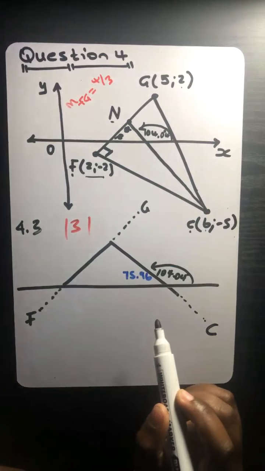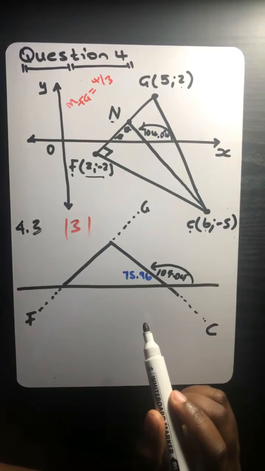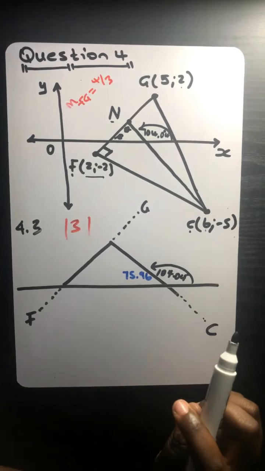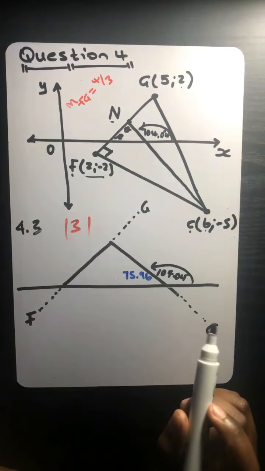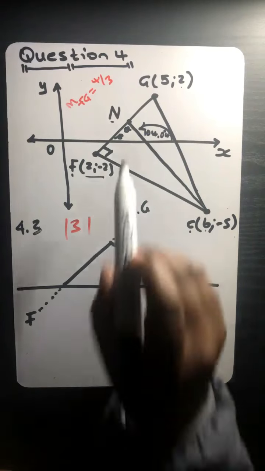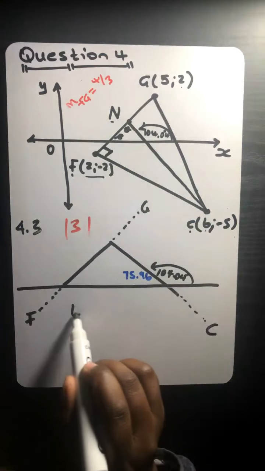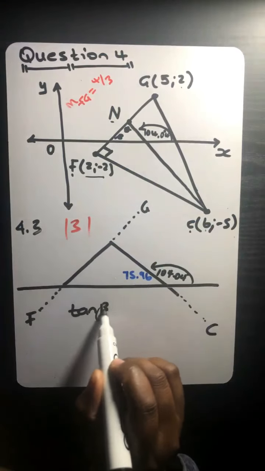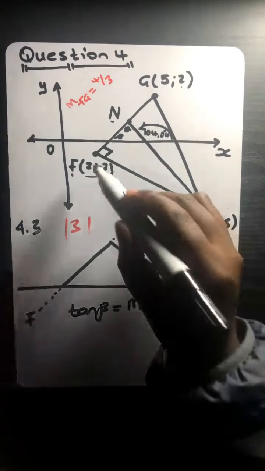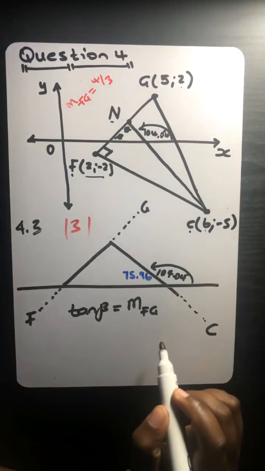So one thing for sure, all of you guys are going to understand everything that is being explained in this lesson, but after some time, if you had to try this question paper on your own, you might have some difficulties here and there. So what I'm saying in short is that angle beta, we can calculate it using this formula: tan beta is equal to the gradient of that line, which is FG.